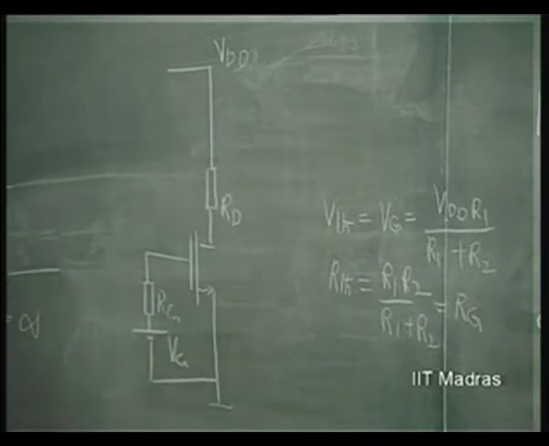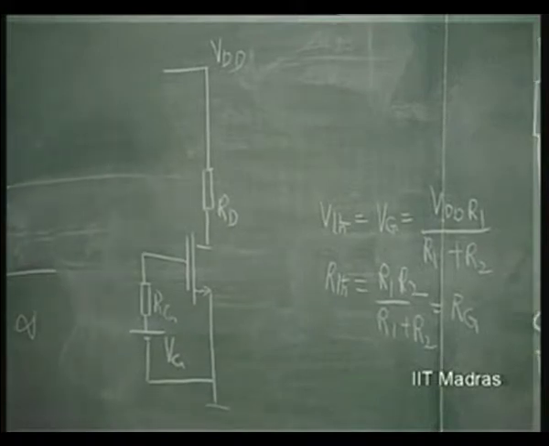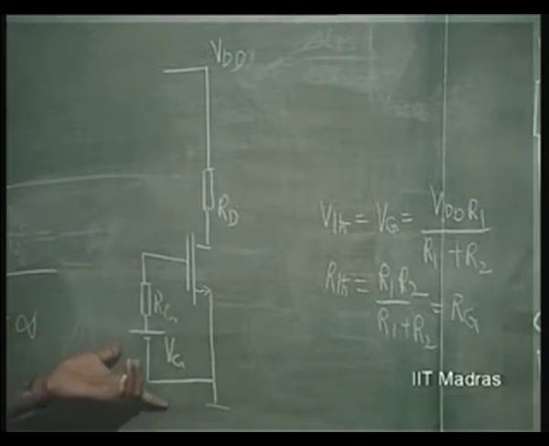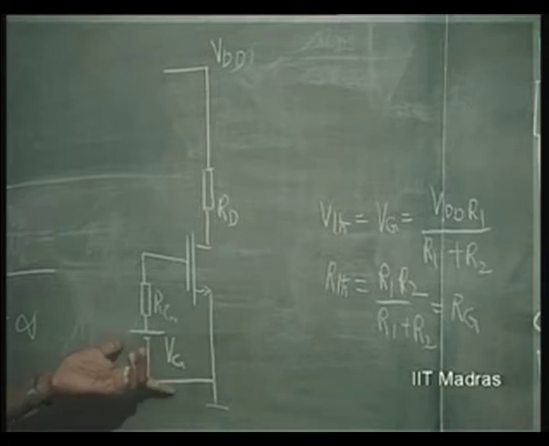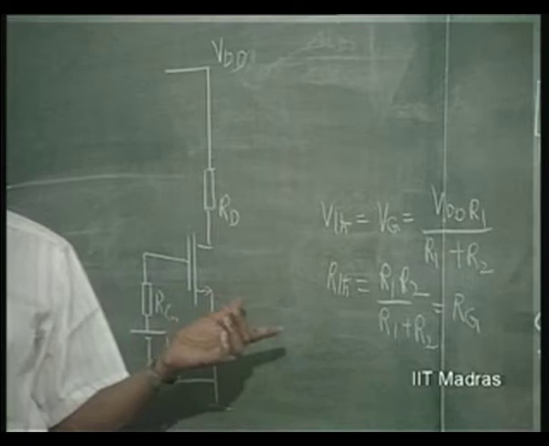As given by this. This is pretty convenient because there is no gate current, and therefore, it does not make any difference what the value of RG is. The gate voltage is going to remain the same as VG. This is the advantage of the field effect transistor input as compared to the bipolar junction transistor.